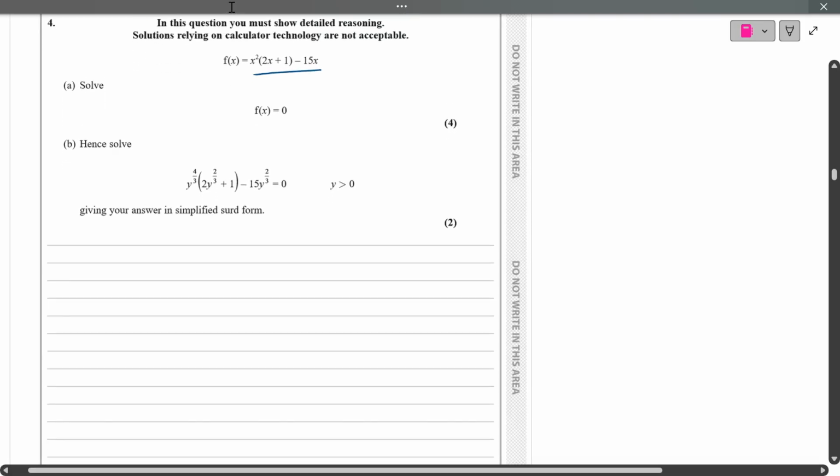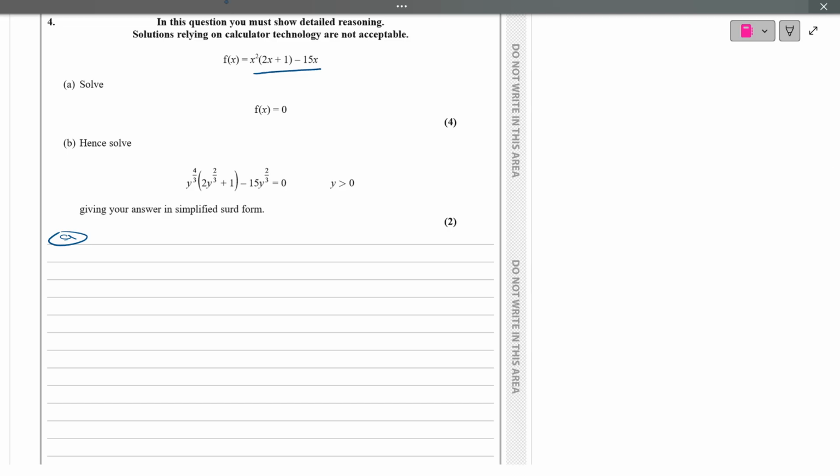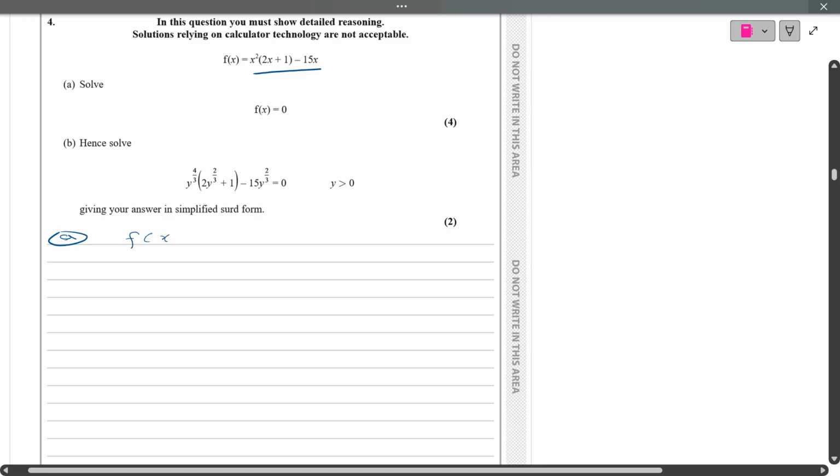Alright, so let's write down the question first. f(x) equals x squared times (2x + 1) minus 15x. Simplified, x squared multiplied by 2x would be 2x cubed, and multiplied by 1, x squared, minus 15x.